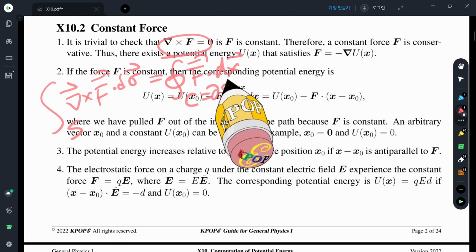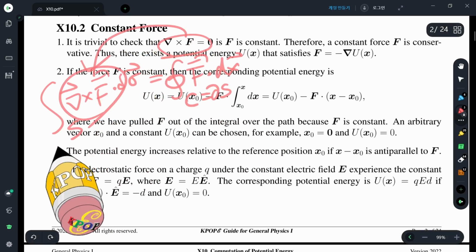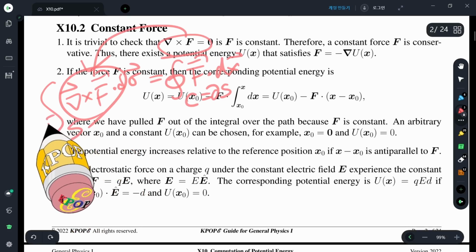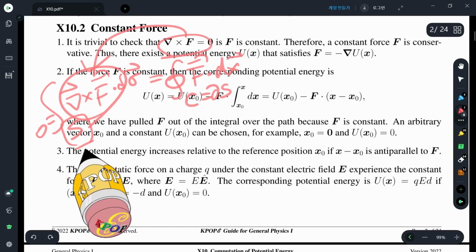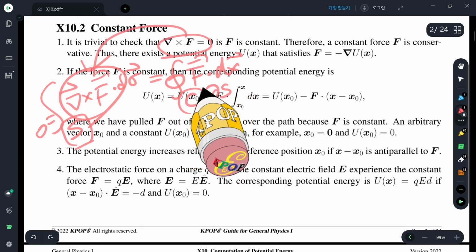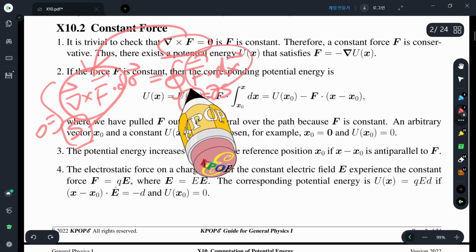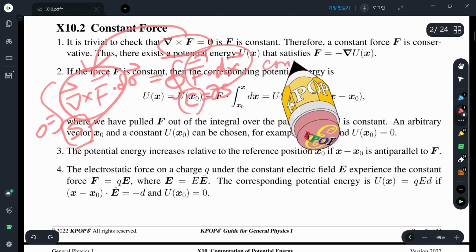This is Stokes' theorem. And if the force is irrotational, this integral is vanishing. That means for any surface, that means for any closed path, the work done by the force along the closed path is vanishing. That means conservative.